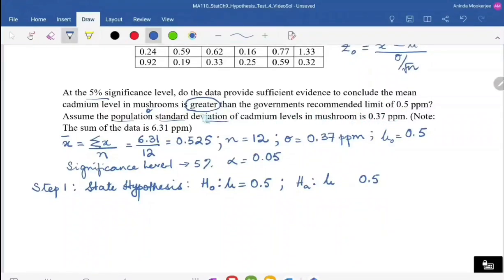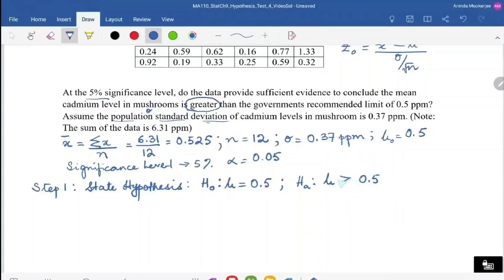So we have to use the greater than sign for the alternate hypothesis. That's how you can extract the alternate hypothesis statement. You do have to get it from the wording of the question. So the alternate hypothesis states mu greater than 0.5.